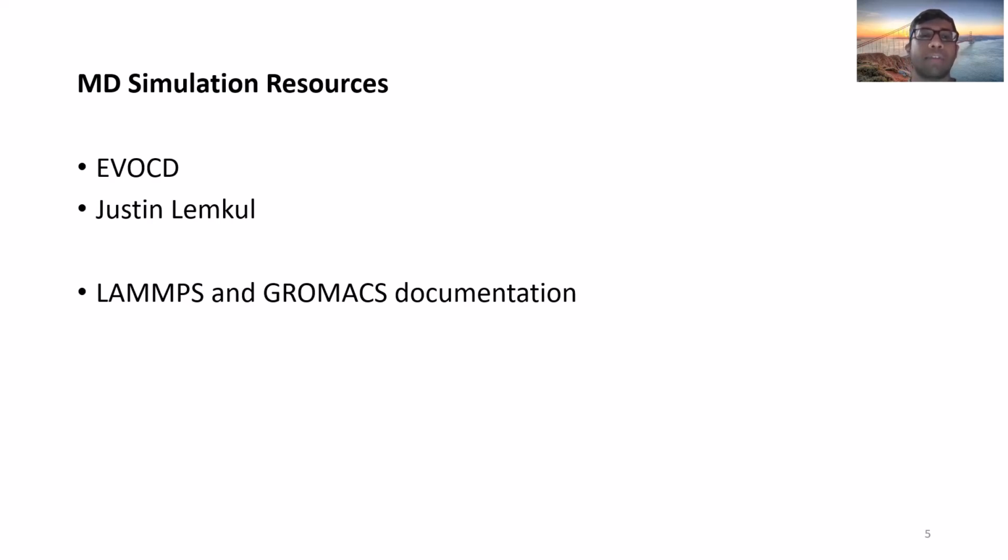And I cannot emphasize this more, that LAMMPS and GROMACS documentation are very detailed, and you can virtually find explanation of everything if you just search for it. Let's say you search for LAMMPS units.